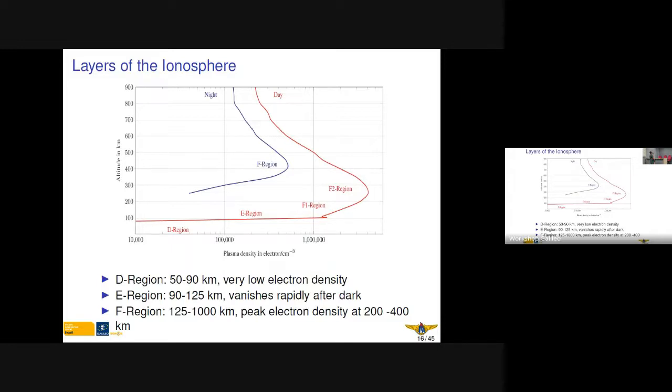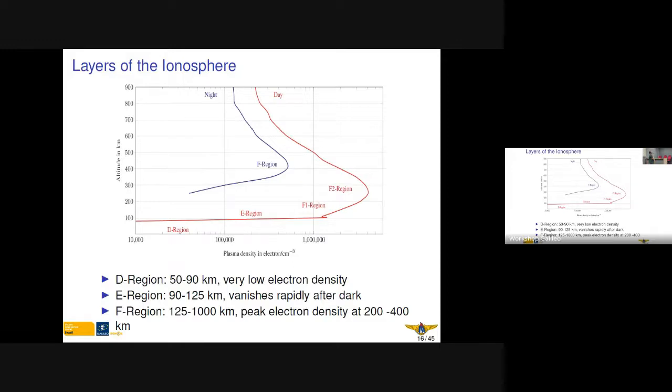And we can see in blue the layers in the night. We quasi have only the F layer in the night. And this is going from 125 to 1000 kilometers. The peak electron density is at 200 to 400 kilometers, as we can see.